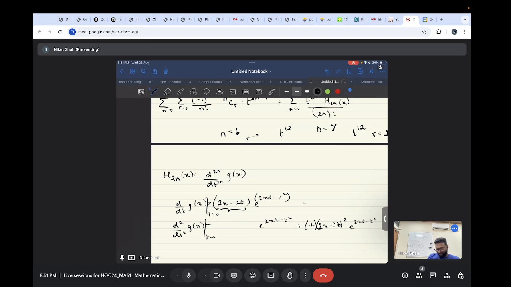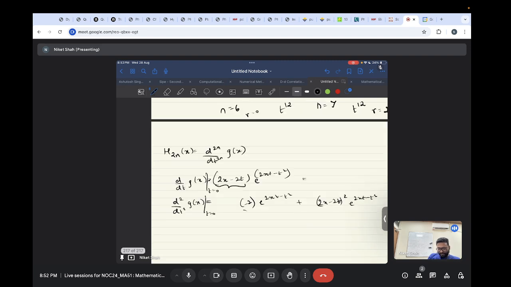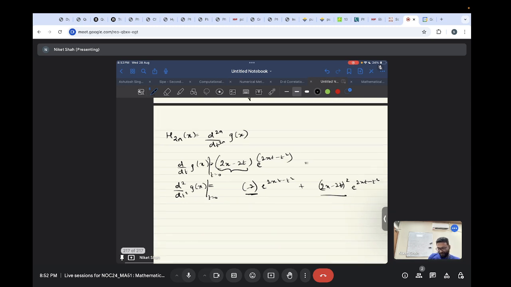My bad, I'm making some very silly mistakes. There won't be minus 2 here and here. It will just be 2x minus 2t because I'm taking a derivative of this function. So it will be 2x minus 2t the whole square, and here it will be minus 2. So for the second derivative, I have some constant term as well. Now if I go for the third derivative, d3g by dt cube.